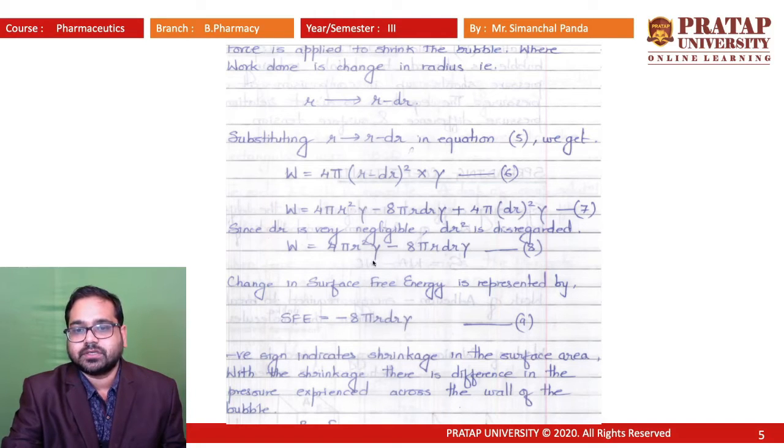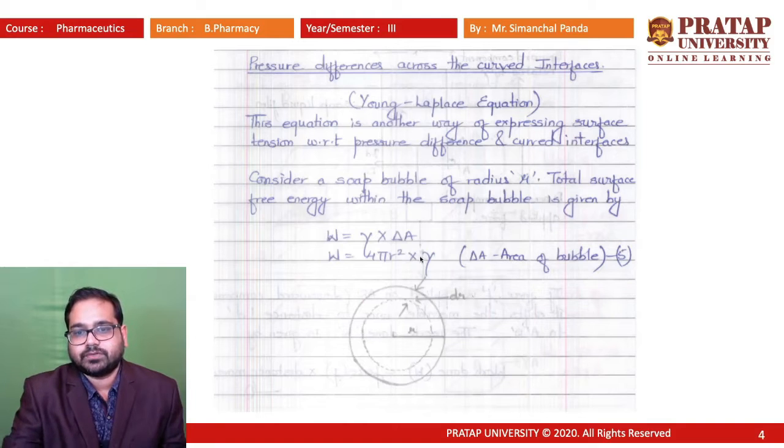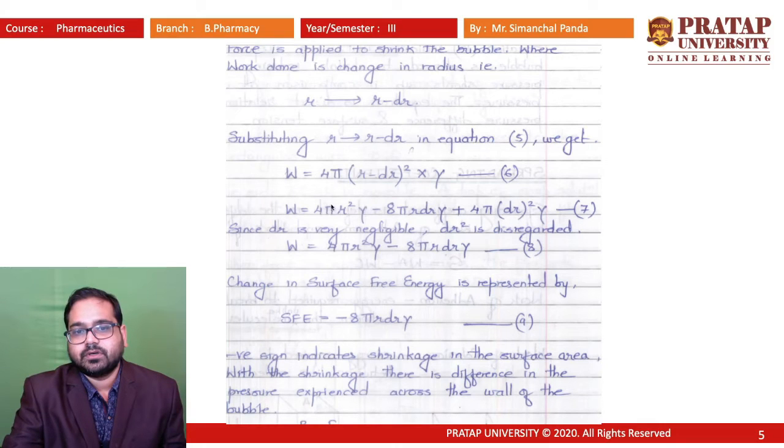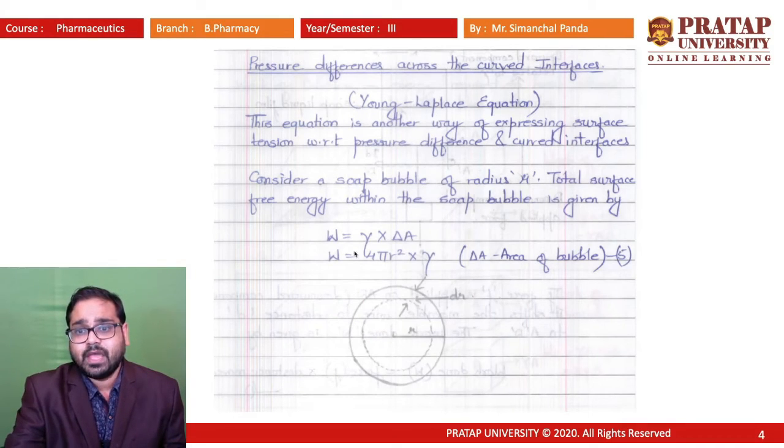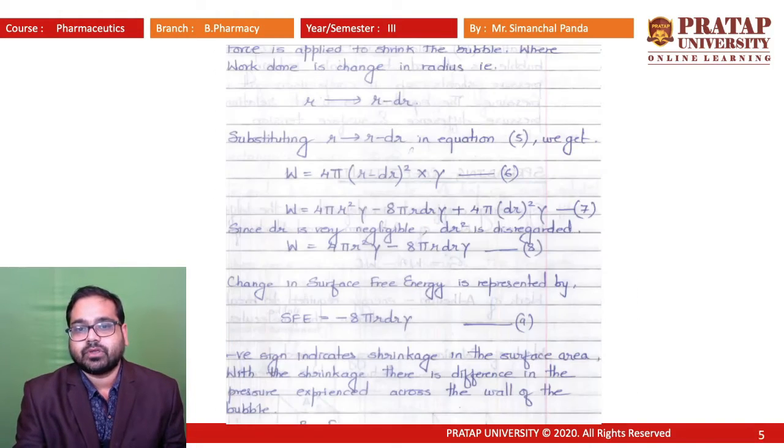The change is the difference between the two states: before, there was no change of radius, 4 pi r square into gamma, and after, 4 pi times r minus dr whole square into gamma. Differentiating that equation, we get the term minus 8 pi r dr into gamma.